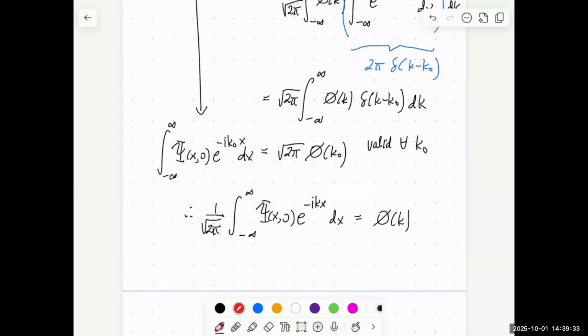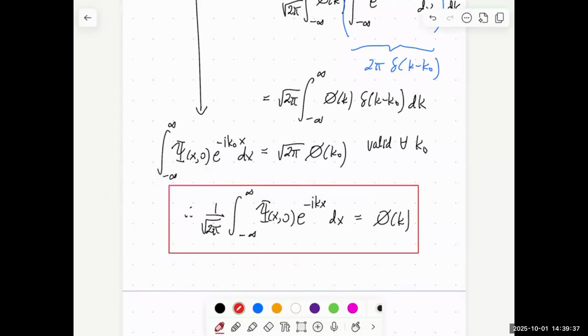So what I want to do is compare this result, which let's think about what it is doing. I'm putting a function of x into this integral. I'm multiplying by some exponential factor, and then I'm integrating over x. Once I integrate over x, all the x dependence is gone, right?